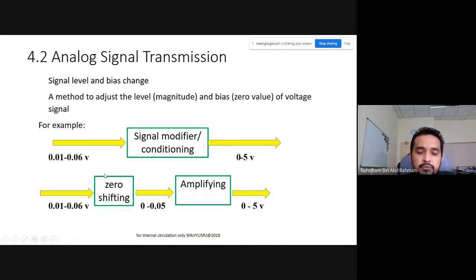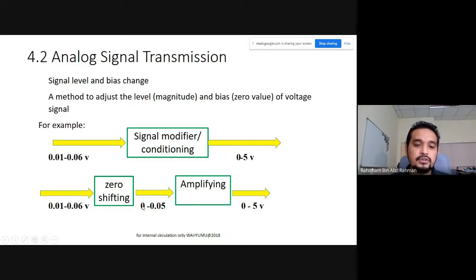So what we have to do for this circuit is first include two circuits. First, we need to make sure these values come to zero, because it does not start with zero, it starts with 0.01. So we make these values start at zero by using a bias circuit, or zero shifting circuit.